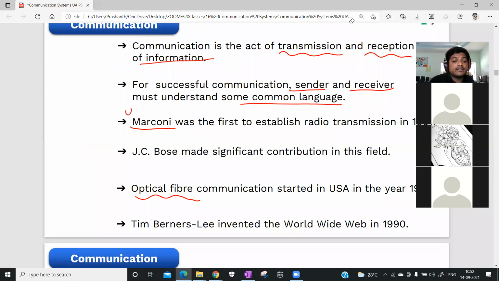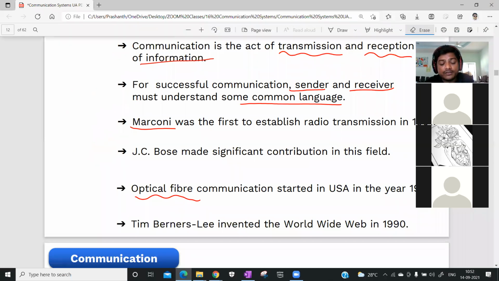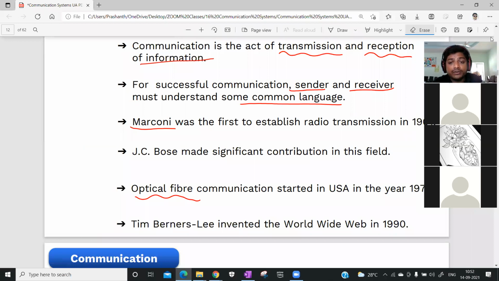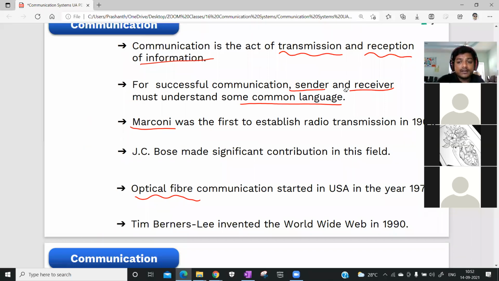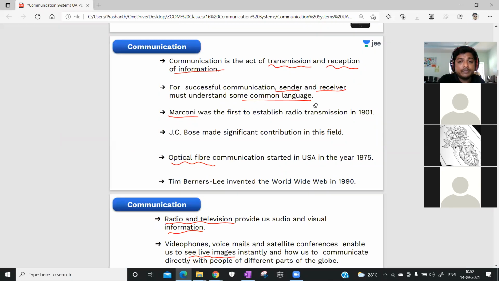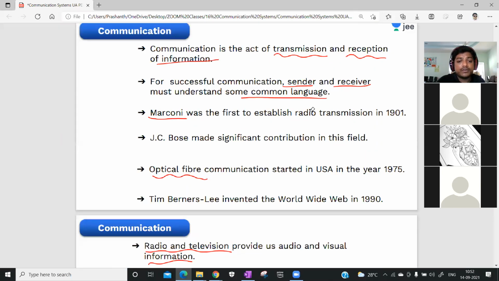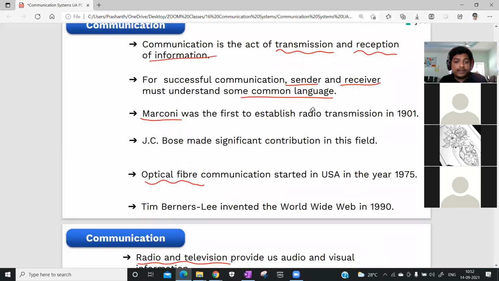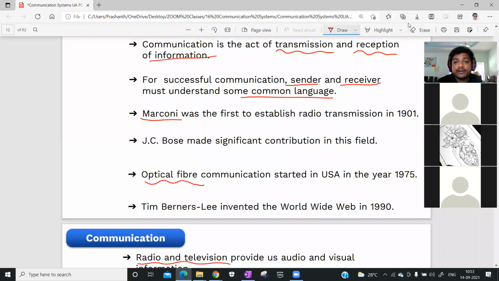This is some introduction that has already been given; I will forward these notes to you. The scientist Marconi was the first to establish transmission, in the year 1901. No need to remember all these things.